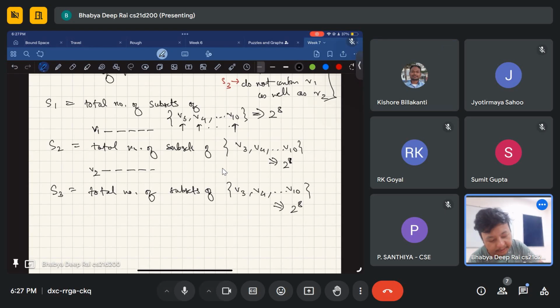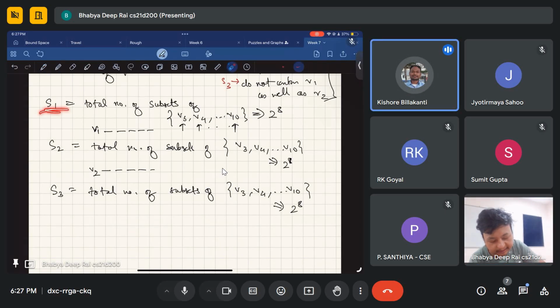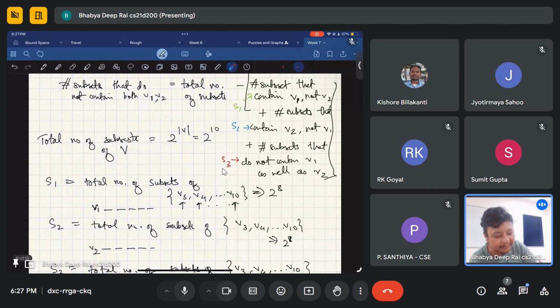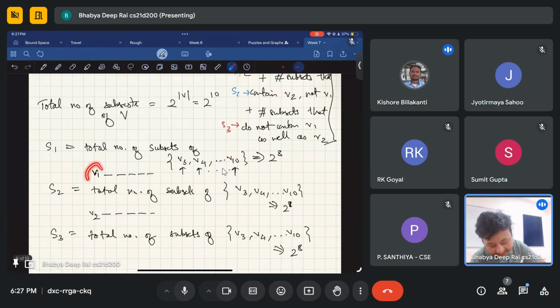Which part? The S1 and S2, both. Yeah, S1 and S2, total number of subsets. See, we should definitely choose V1, but we should definitely not choose V2. So V1 we are keeping separately and saying that V1 will definitely be there. And we are choosing all possible subsets from this set, which does not contain V2.